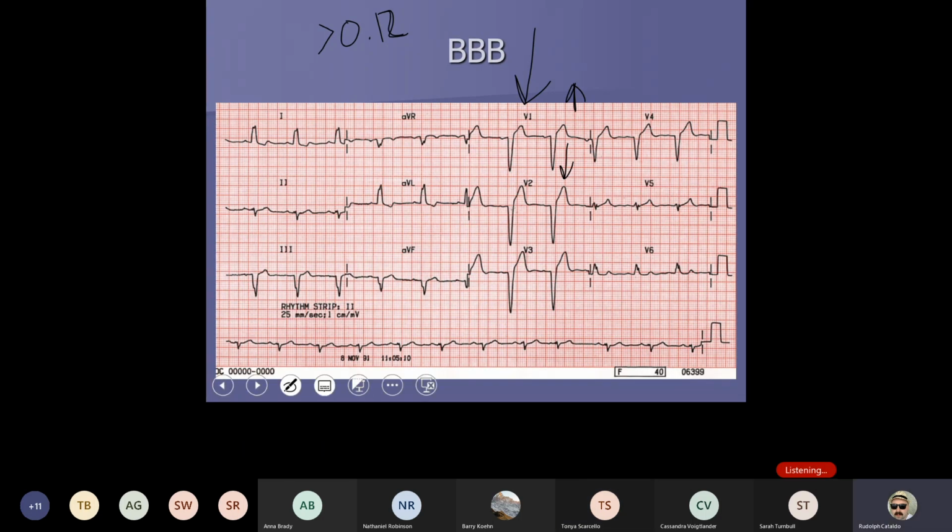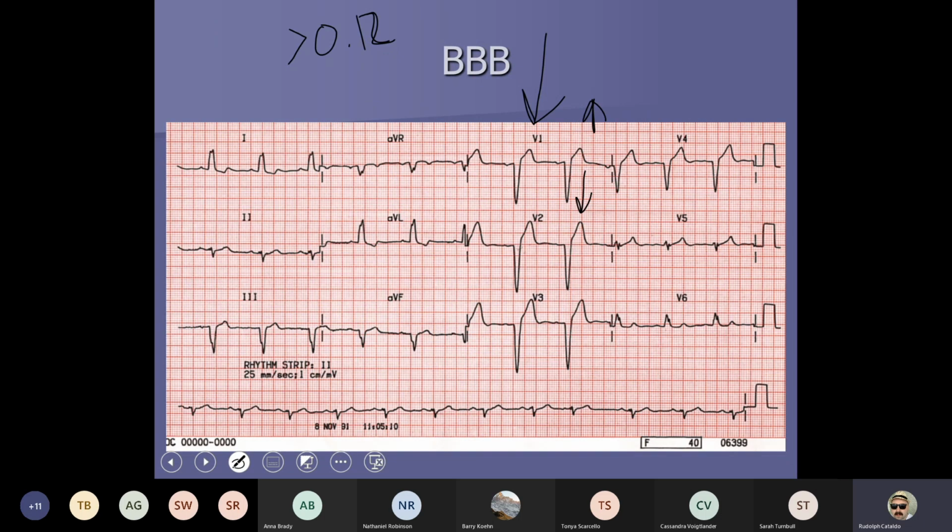How do I get that up? Yeah, if I rotated this, no, rotate it clockwise. Sorry, not counterclockwise. If I rotated this clockwise, which way would my QRS be facing, left or right? Left. Yeah, that's all it is in determining a bundle branch.